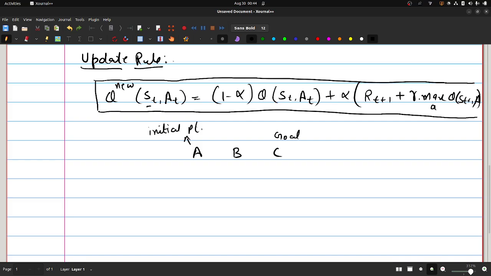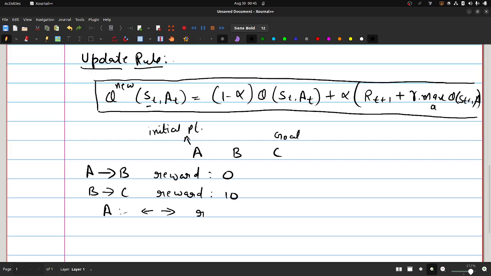But the environment is designed in such a way that when you go from A to B, the reward is zero. When you go from B to C, you will get a reward of plus 10. When you are in A, whatever action you take, whether left or right, your reward will be zero.